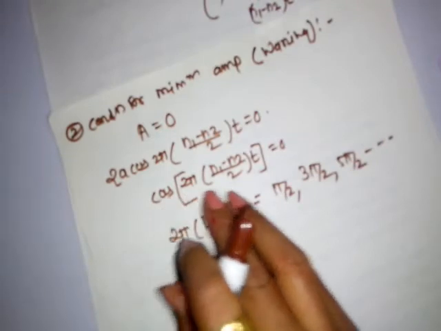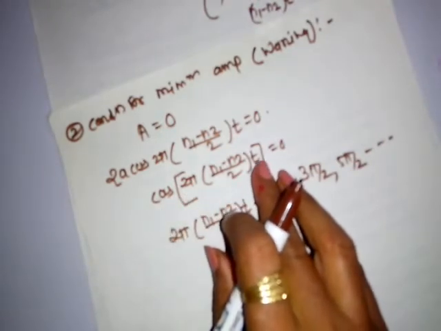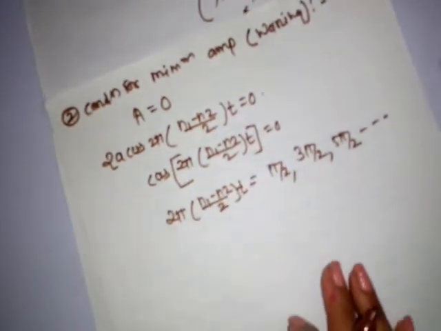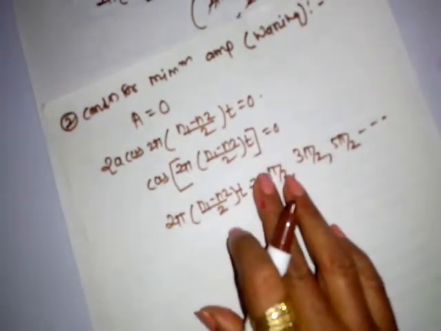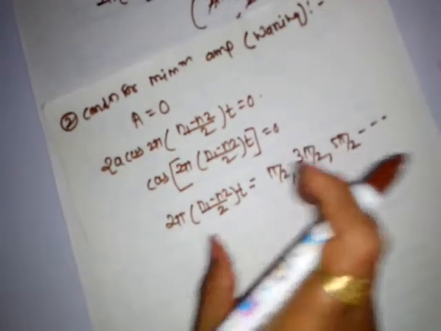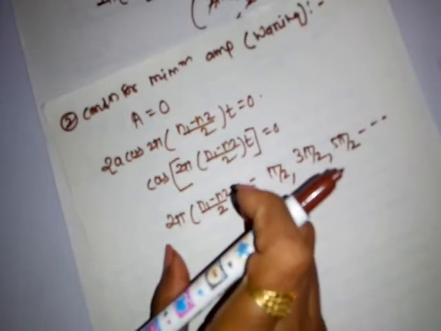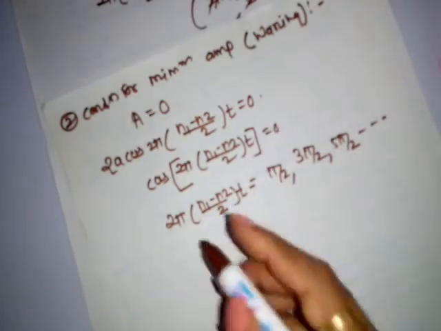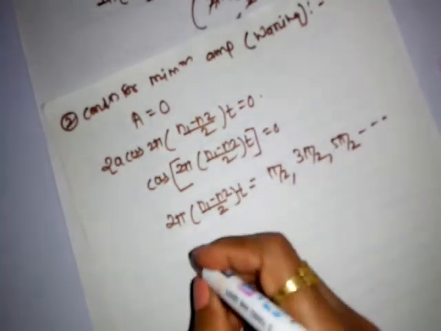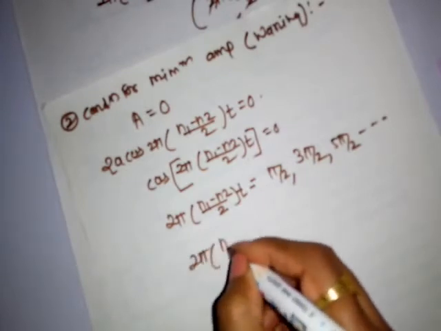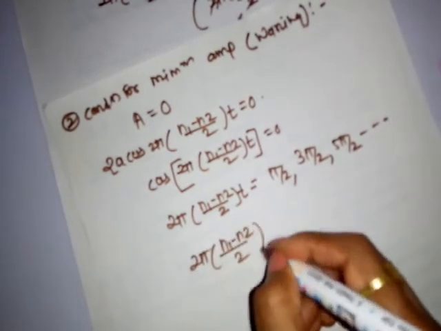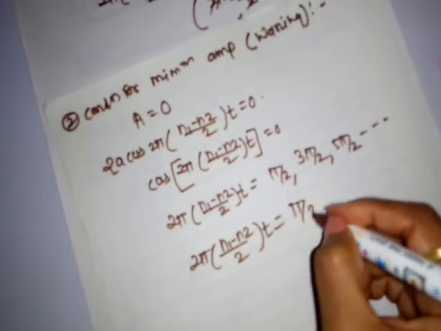Now here the cos function is totally dependent upon the time. So what are the values of time for this purpose? Comparing this bracket with this one, then we get the values of t one by one. Then 2 pi (n1 minus n2) upon 2 into t is equal to pi by 2.